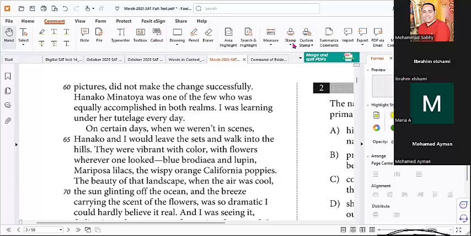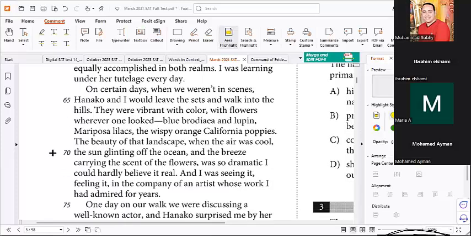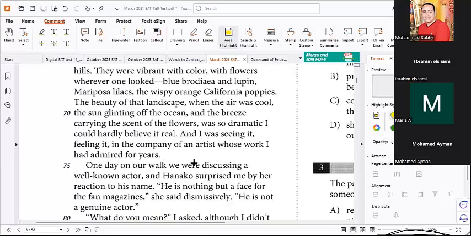Blue Rhodia and lupin, mariposa lilacs, the wispy orange California poppies. The beauty of the landscape when the air was cool, the sun glinting off the ocean, and the breeze carrying the scent of the flowers was so dramatic, I could hardly believe it was real. And I was seeing it, feeling it in the company of an artist whose work I had admired for years.